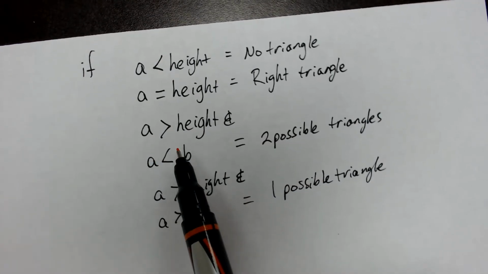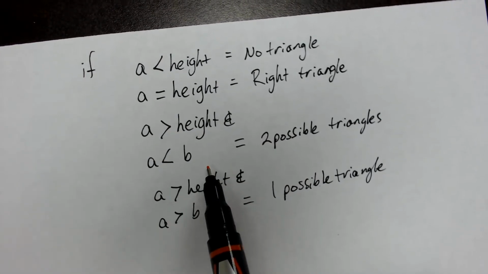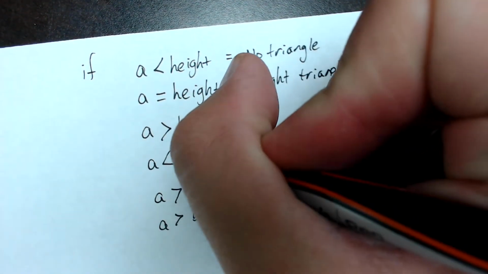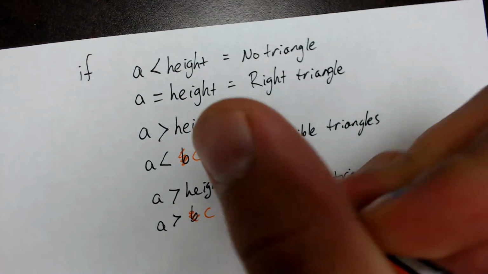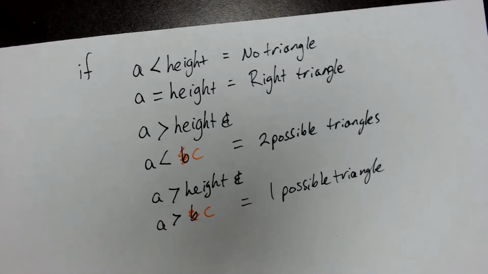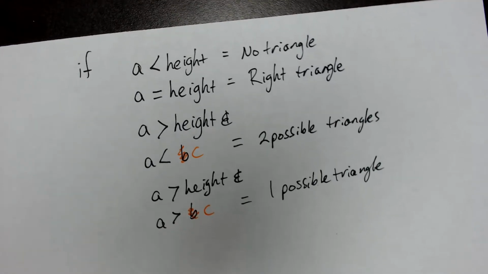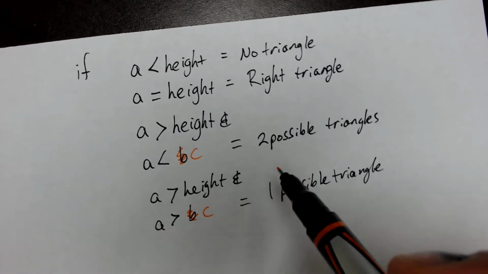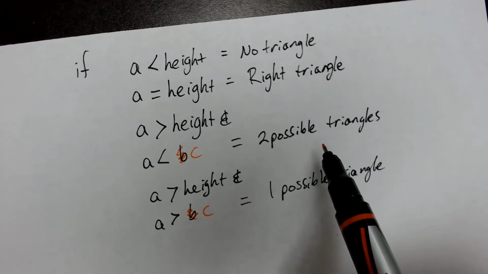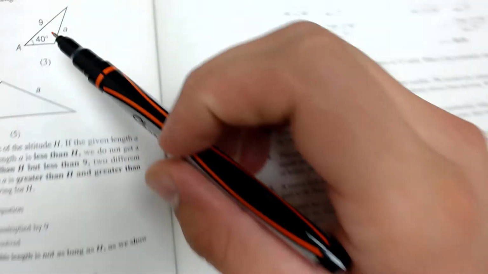If a is greater than the height and it is less than c, c being the other side that you're given, then there are two possible triangles. Those are the ones we were looking at in figures 3 and 4.